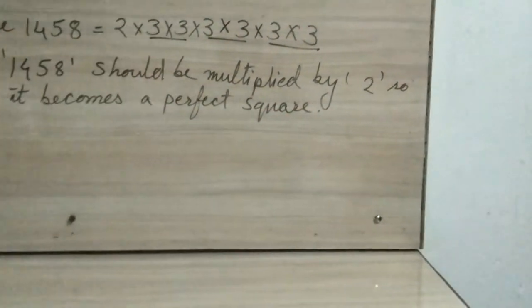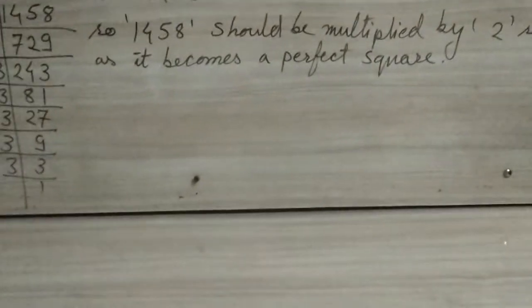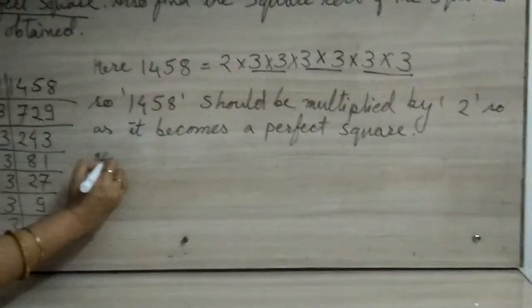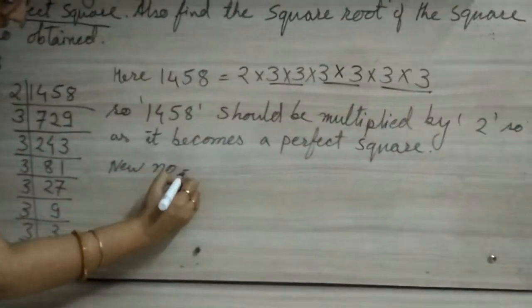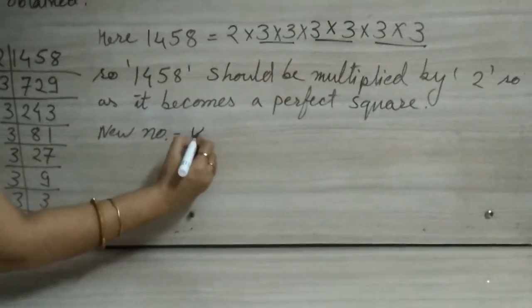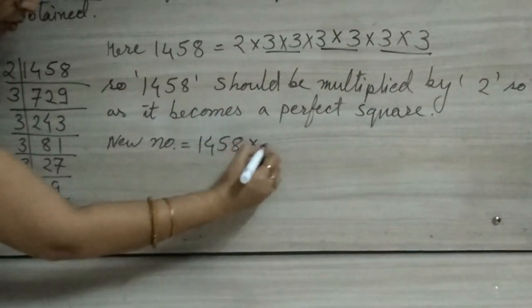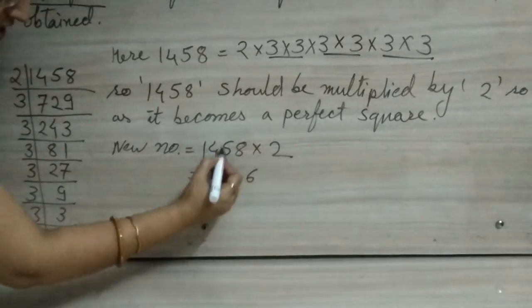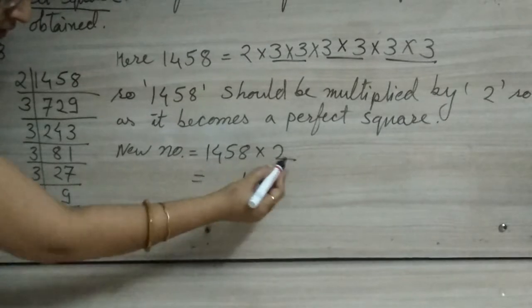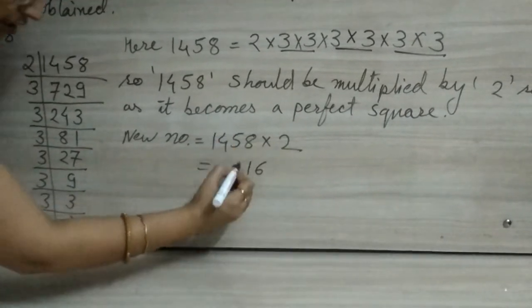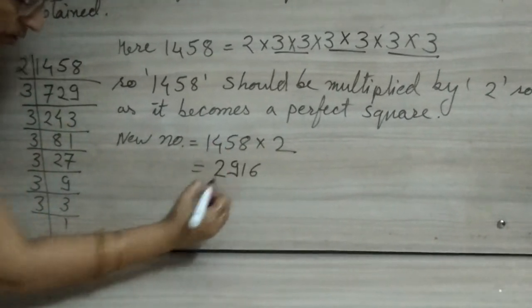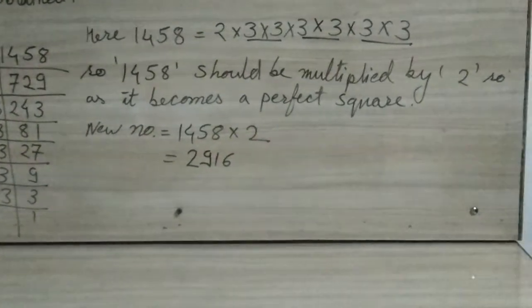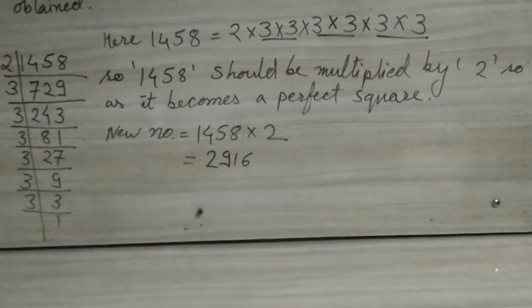Okay, so that it becomes a perfect square, we have to multiply it by 2. So now what will be the new number? New number they are asking, so new number is equals to 1458 into 2. 2 8s are 16, 1 carry over 2 5s are 10, 10 plus 1 11 का 1 carry over 2 7, 4s are 8, 8 plus 1 9 and 2 1s are 2. This is the our new number, and new number का भी we have to find the square root.